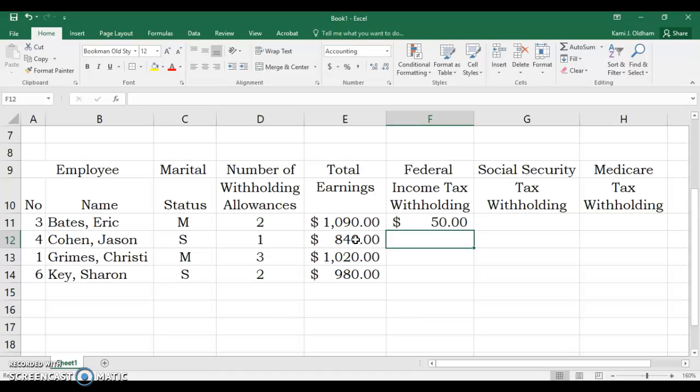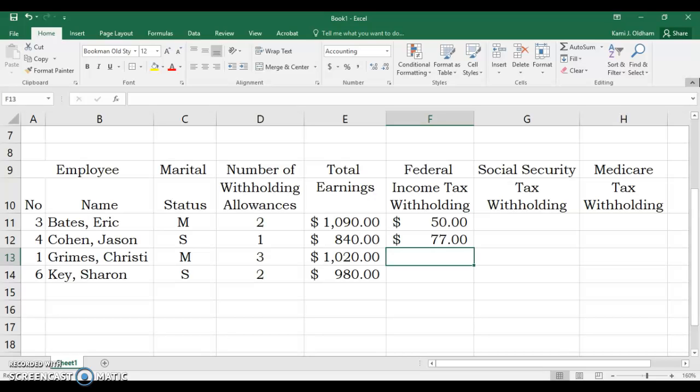Because it says at least but less than, you'll see that you have a category there that's 820 to 840. 840 would be not less than. So technically speaking, we'd be looking at like 839.99. So we actually go to the next level, which is 840 to 860. He has 1 allowance. And so we're going to slide on over and we end up looking at $77.